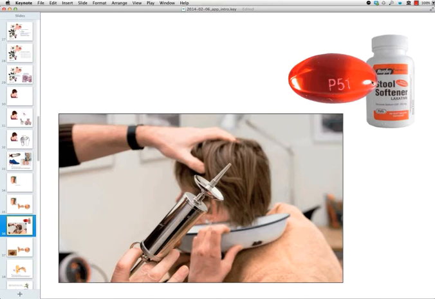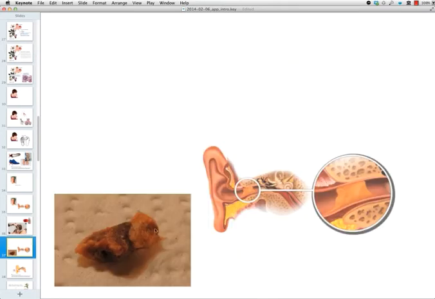You just pop a little safety pin into the end of the gel cap and squeeze it, and the oily contents of this gel cap come out into the ear canal. You let it sit there with the ear up for about 20 minutes, and then you flush it with warm water. This is just a fancy ear syringe. You can use one of those bulb syringes they use for babies. And boom, the cerumen is where it belongs instead of impacted in the ear.